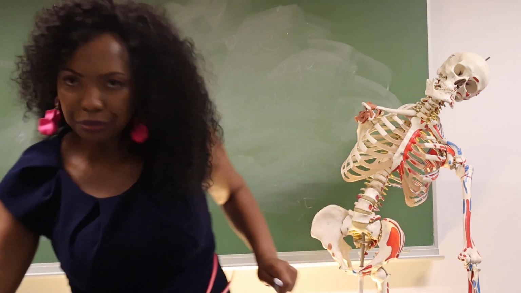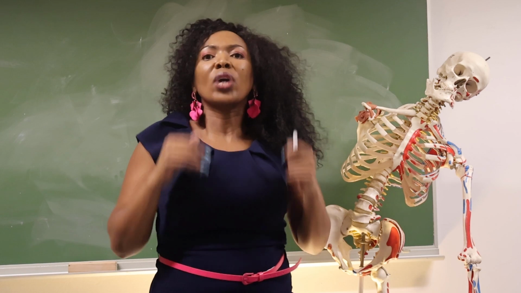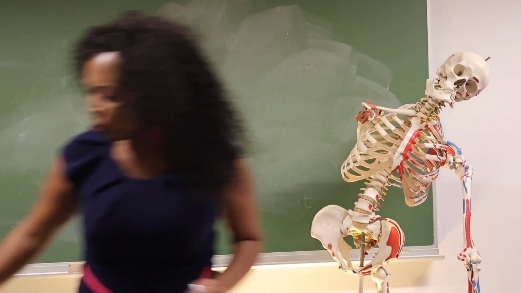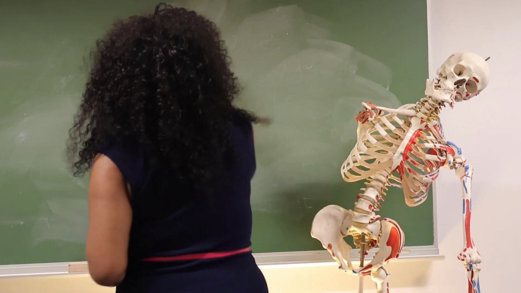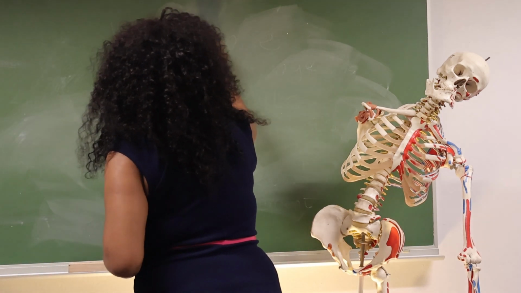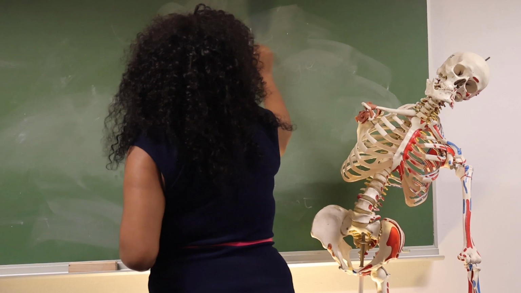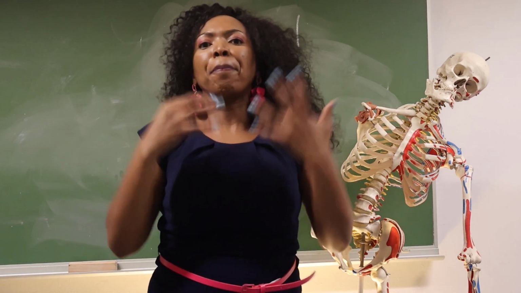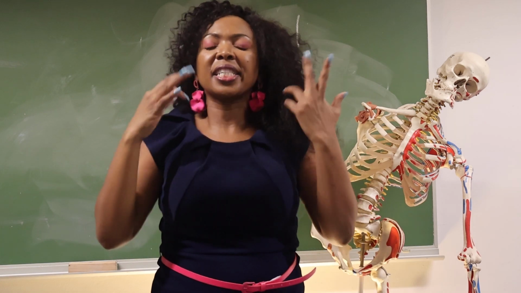Now, let us talk about the 2 categories of the skeletal system. We have A, the axial, and B, the appendicular. So let us explore first the axial.